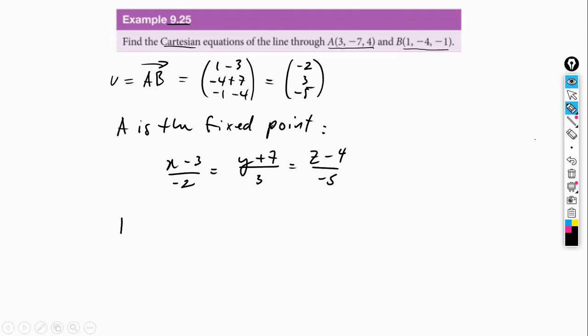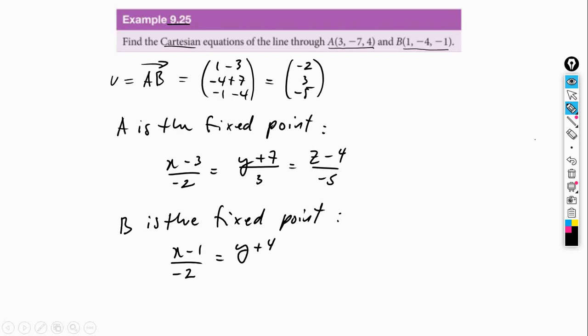Now, if B is the fixed point, then we would get (x minus 1) over negative 2 is equal to (y plus 4) over 3, and this is equal to (z plus 1) over negative 5.